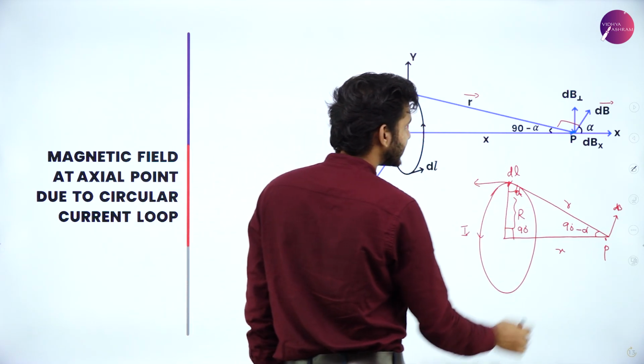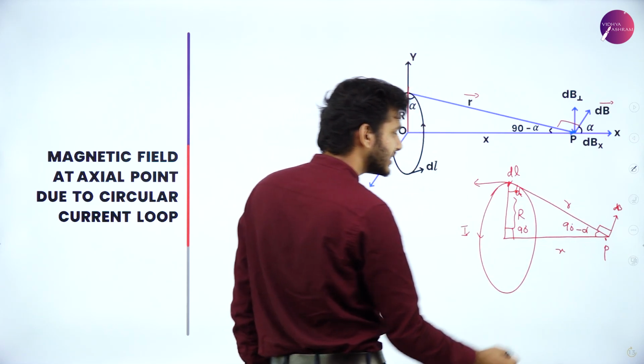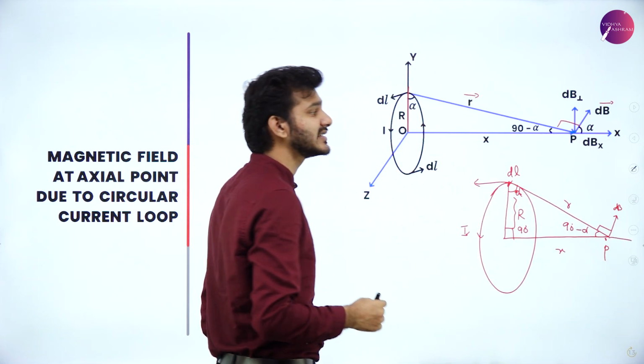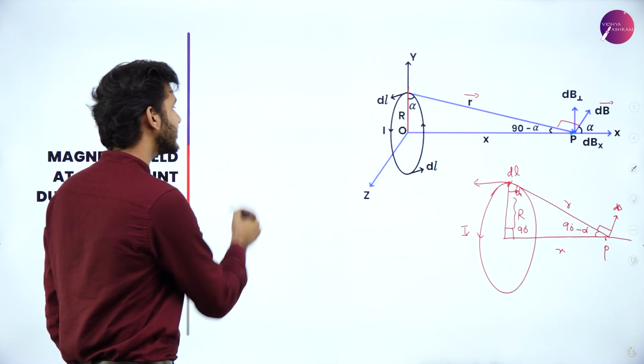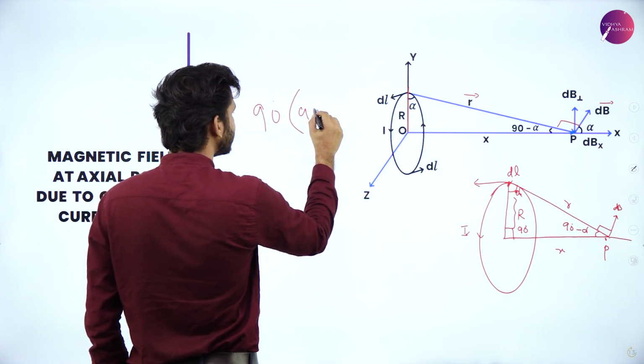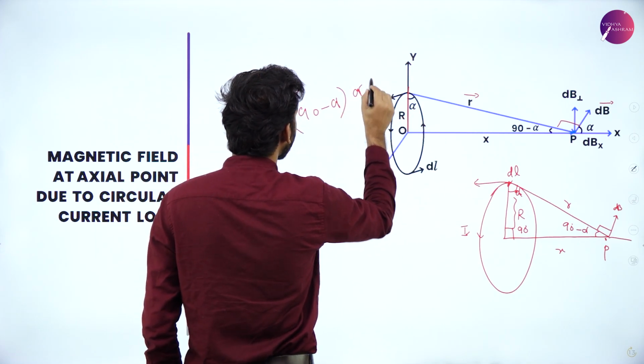We can say that this particular angle is 90 degrees, which means that the remaining angle here is nothing but alpha. Why? Because one angle is 90 degrees, one angle is 90 minus alpha, so the last angle is just alpha.